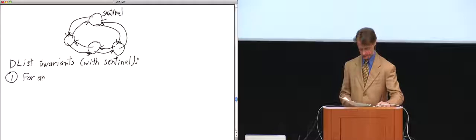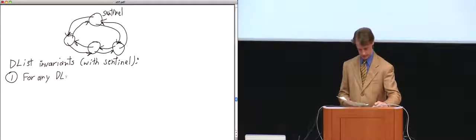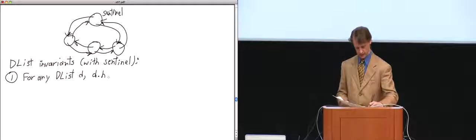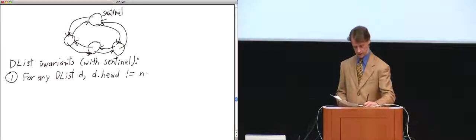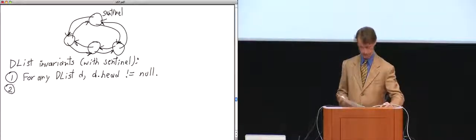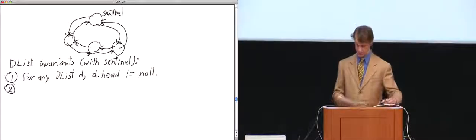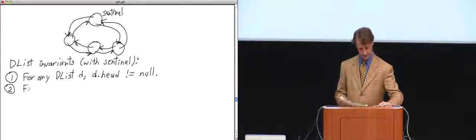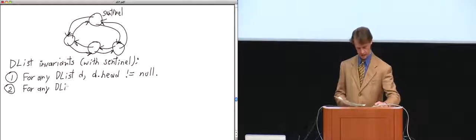First of all, there's always a sentinel node. So the head field of a D-list is never null. It always points to a sentinel. The second invariant is that you can't have any next fields that are null in a D-list node.